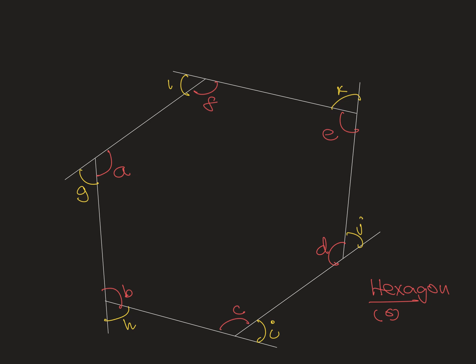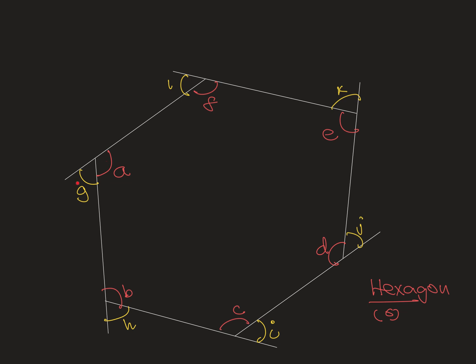One of the concepts of plane geometry that we have already established in our previous video is that the sum of the interior angle and the exterior angle must be equal to 180 degrees.